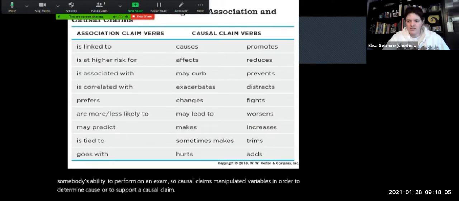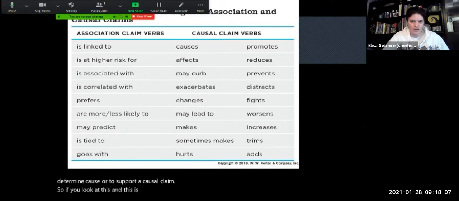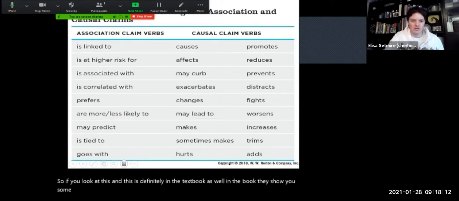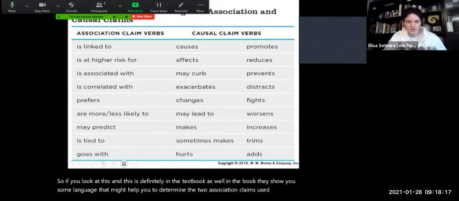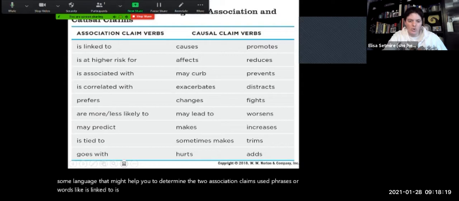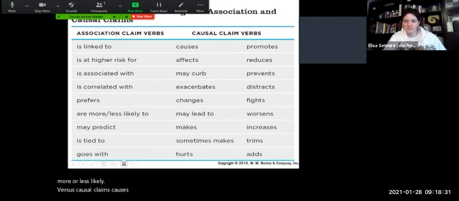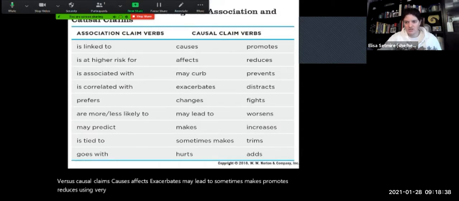So if you look at this, and this is definitely in the textbook as well, they show you some language that might help you to determine the two. Association claims use phrases or words like is linked to, is associated with, is correlated with, may predict, goes with, is tied to, are more or less likely, versus causal claims: causes, affects, exacerbates, may lead to, sometimes makes, promotes, reduces, using very different language to assert these conclusions.